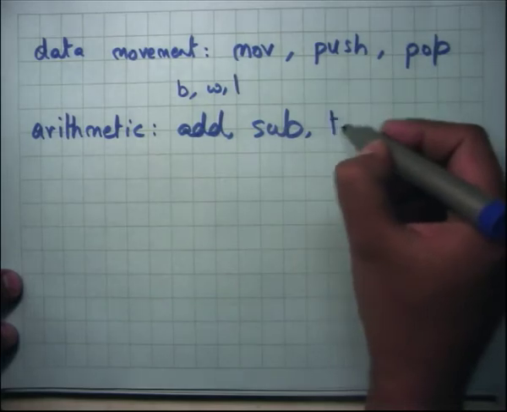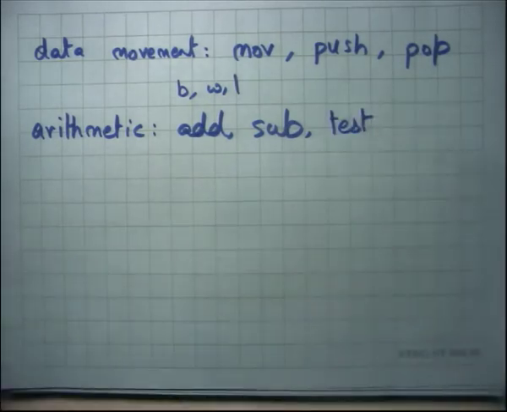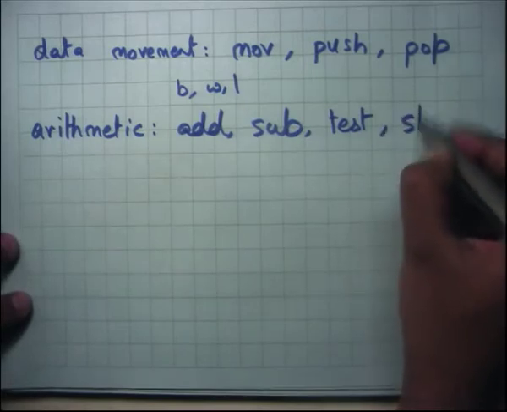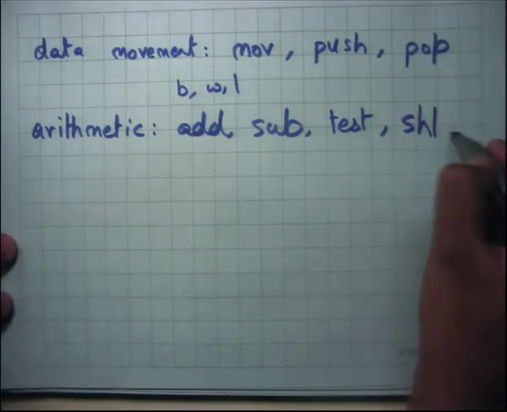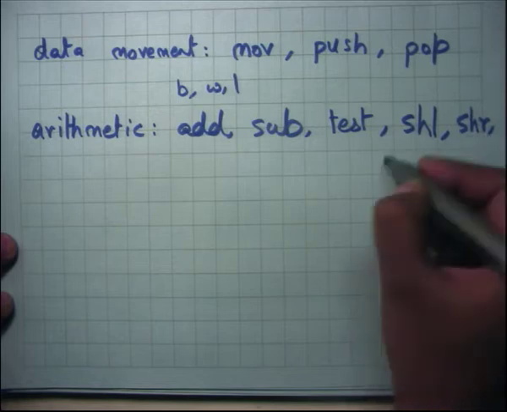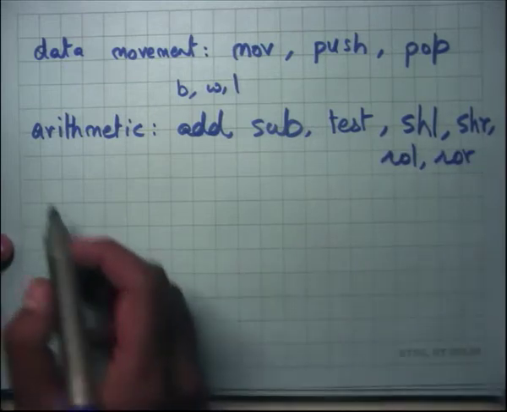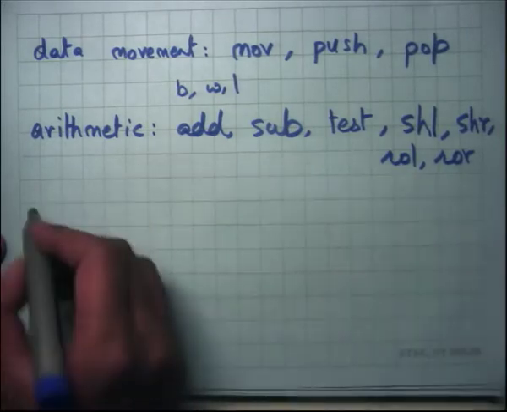Then there are instructions like test, which don't do anything, they just set the flags. Test checks if a value is equal to 0 or not. Or you can have shift left or shift right, rotate left or rotate right, and so on. There's a huge list of operations, just to give you a flavor.